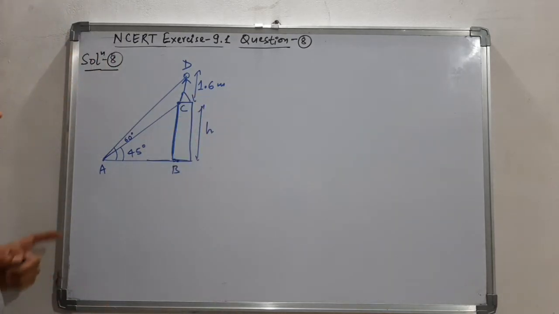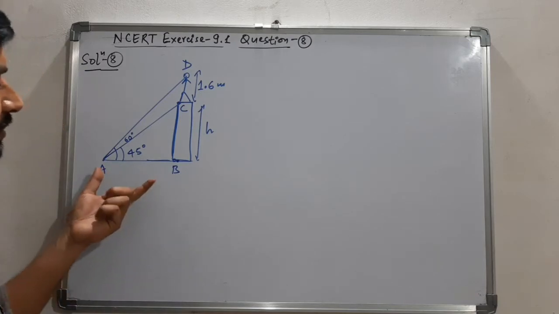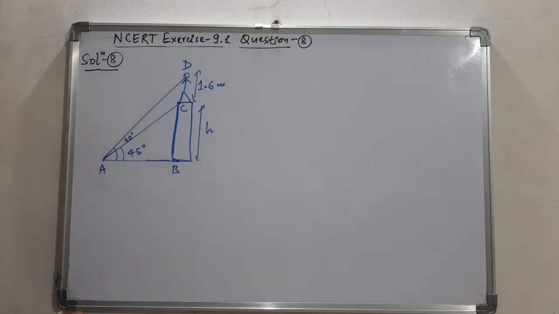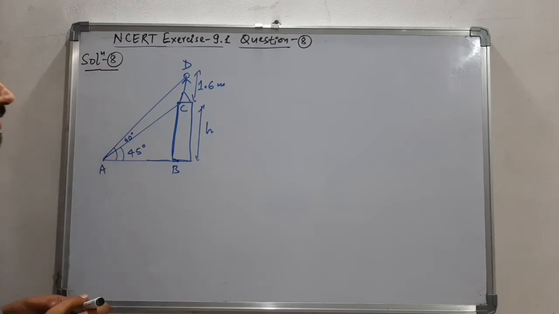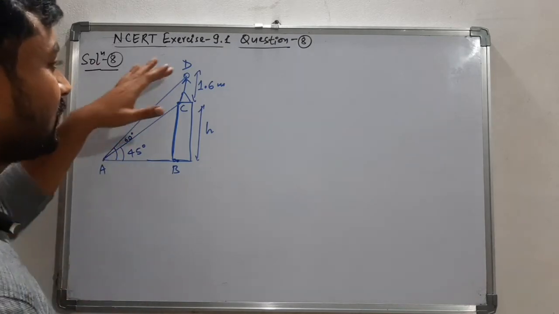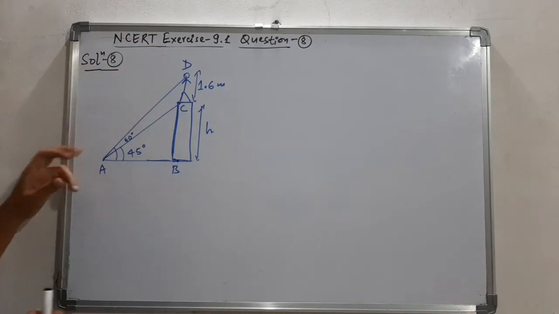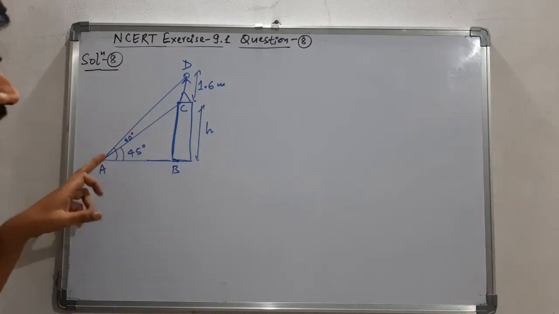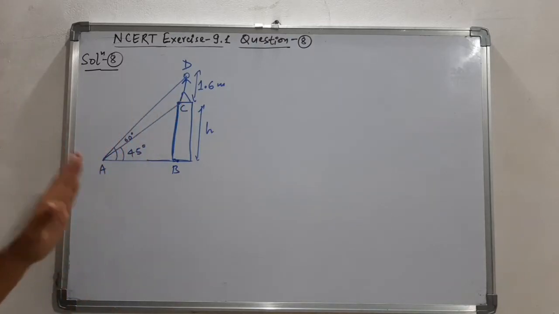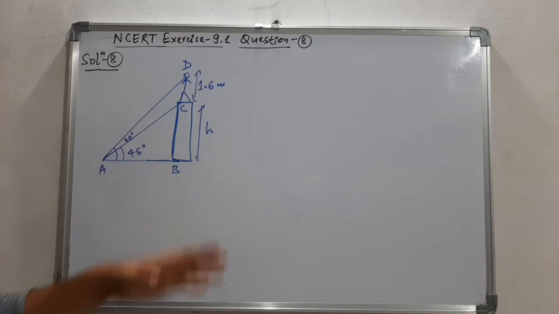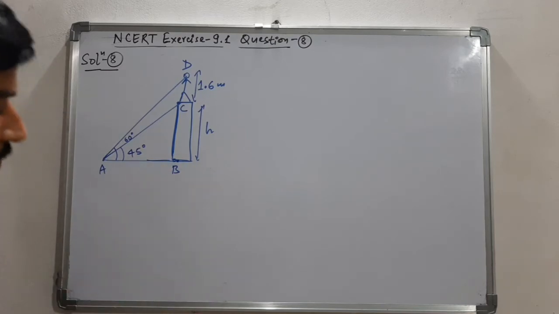Now we have taken one point on the ground, which is at some distance from the base of the pedestal. From this point A, the angle of elevation of the top of the statue is 60 degrees, and the angle of elevation of the top of the pedestal is 45 degrees. We have to calculate the height of the pedestal.